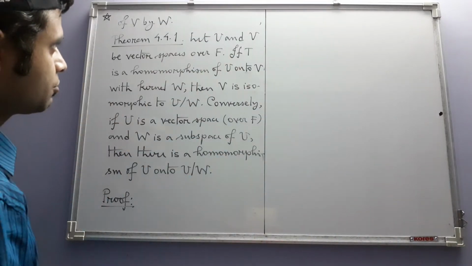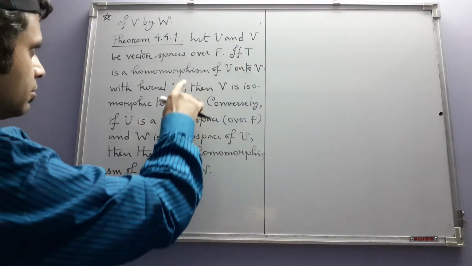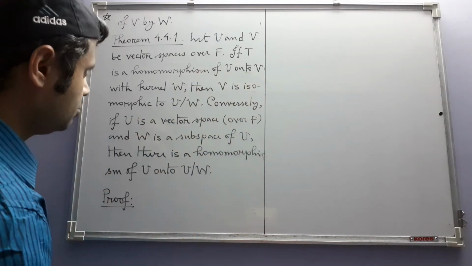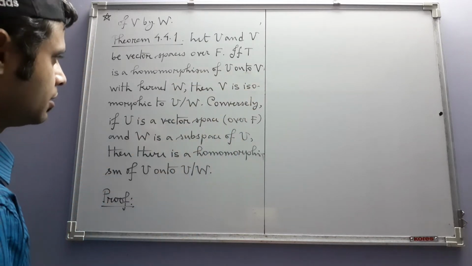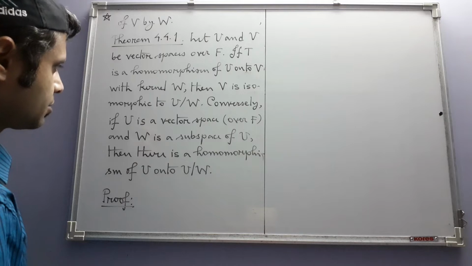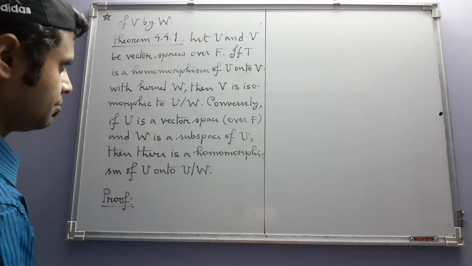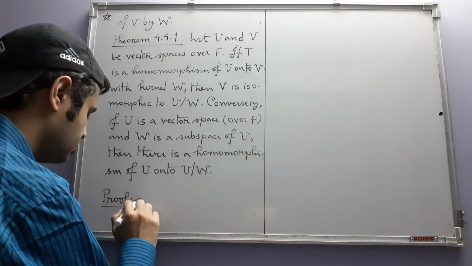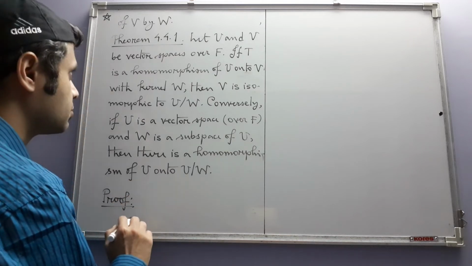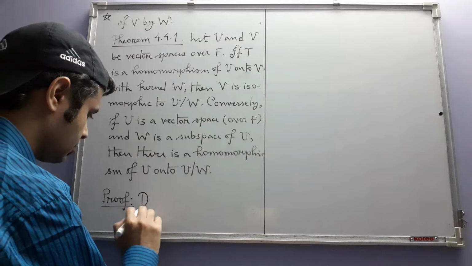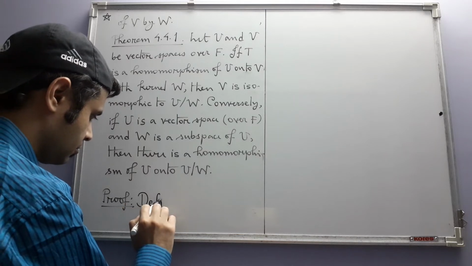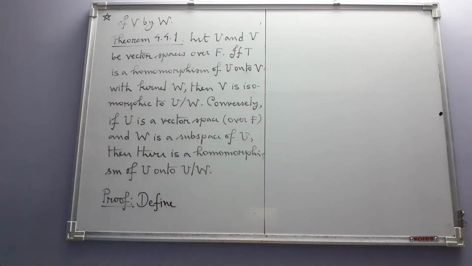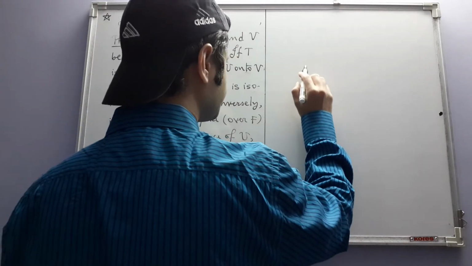Okay, so first of all, it's given that T is a homomorphism of U onto V with kernel W. Then V is isomorphic to U by W. The strategy will be just what we previously had. So the situation is like this.